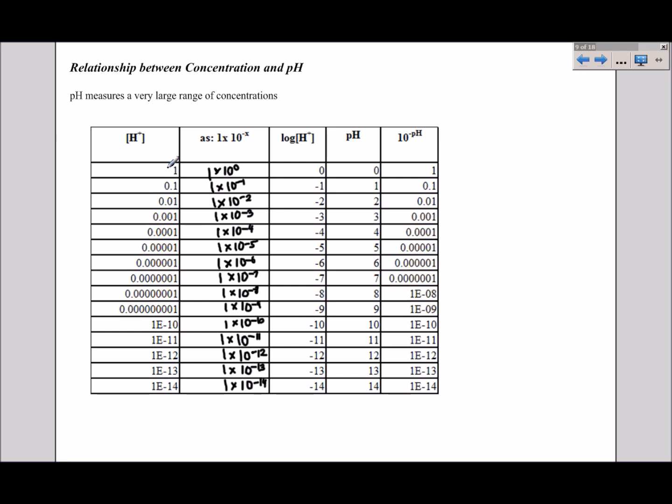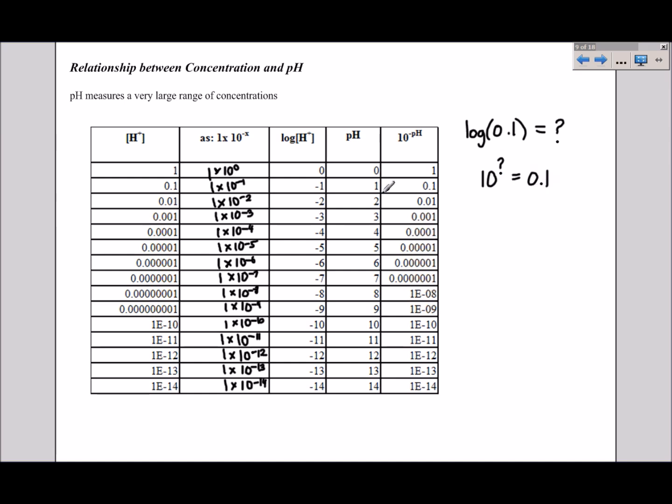When you have your calculator and you enter log of a number, so if I enter log of 0.1, what I'm asking my calculator to do is to tell me 10 to the what is going to give me that number. So any time you enter log of a number, you're asking your calculator to tell you what 10 needs to be raised to in order to retrieve that number.